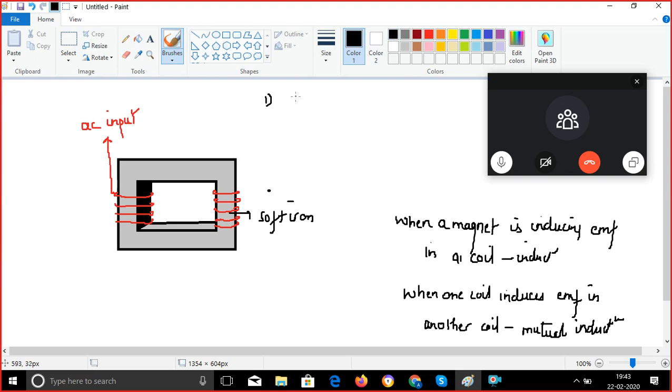One is known as the step-up transformer, and the second is the step-down transformer. A transformer that increases the voltage is known as a step-up transformer, and one that decreases the voltage is known as a step-down transformer.